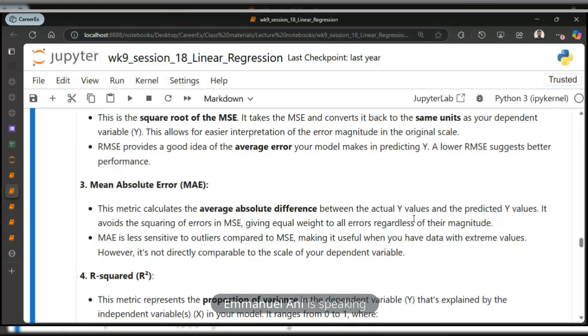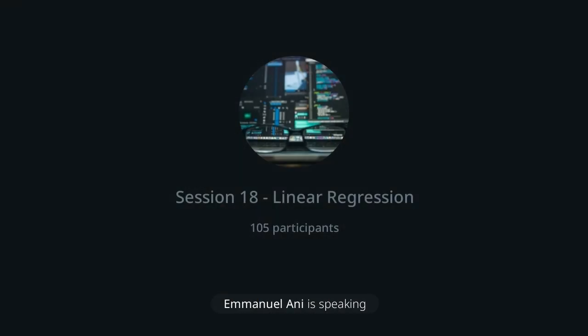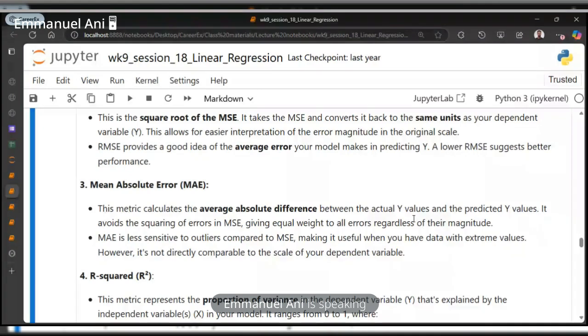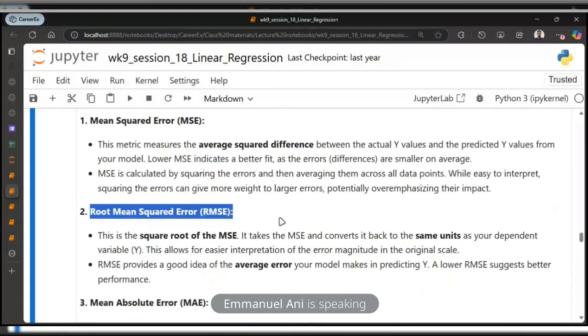It doesn't square, it doesn't do all of those things. It gives equal weight to all errors regardless of their magnitude, all right? Imagine you have an error of 500 and something, and you square that error. You are basically escalating that error. That is what happens when you use mean squared error. That is why it gives more weight to larger errors, because you are squaring each error.